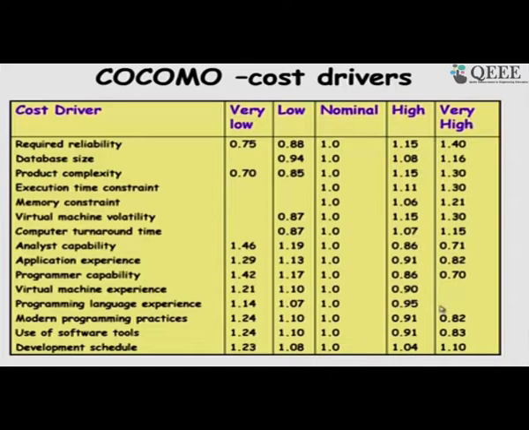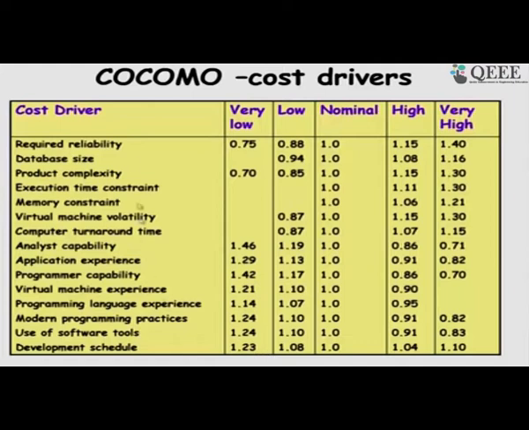We multiply the basic result that is obtained from the basic model by these adjustment factors. For example, if the reliability of the software is required to be very high, then we multiply by 1.4, a 40% increase in effort, and if we do not bother about reliability, then we can reduce the effort by 25%, and nominal is 1.